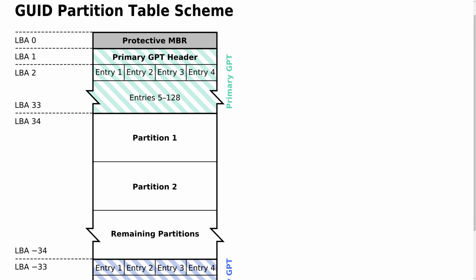From the GPT, or GUID partition table scheme, we know that at LBA 1, which is our first sector, or sector 2 if we index starting at 1, we have our primary GPT table header, which is the one that was corrupt.